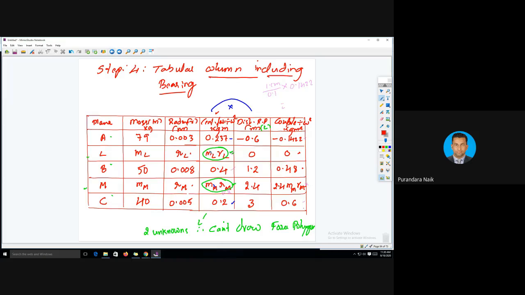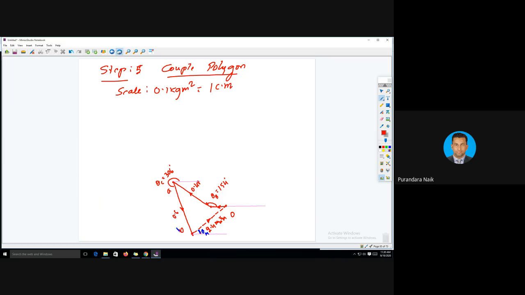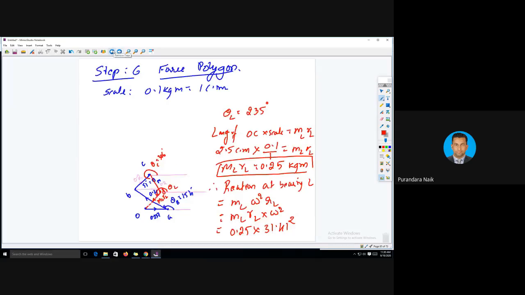So find ml rl and mm rm, and the corresponding angle. Angle is not necessary actually, but it's better to measure because we need it in the next polygon. Find out those things and then the value of dynamic reactions. So this is the end of the problem. Thank you.